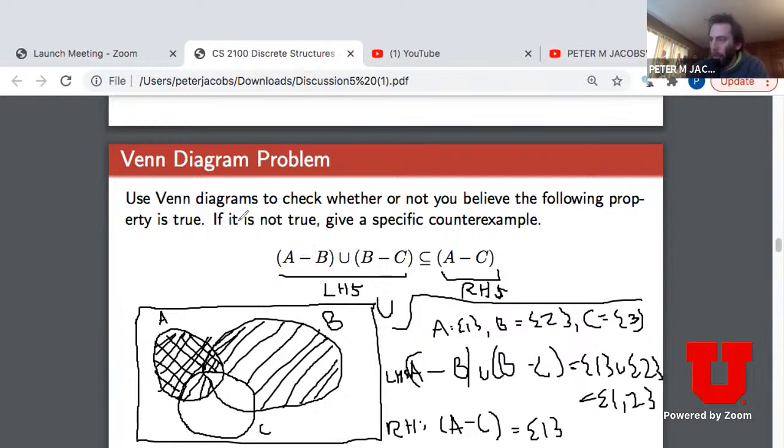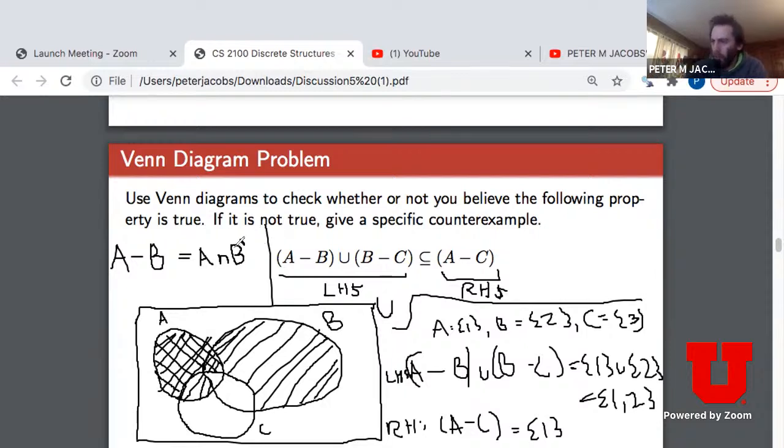I think this is written down somewhere in the notes, but what we mean by A minus B when we're talking about sets is that A minus B is equal to A intersection with the complement of B. I think we write that down with a prime in this class.